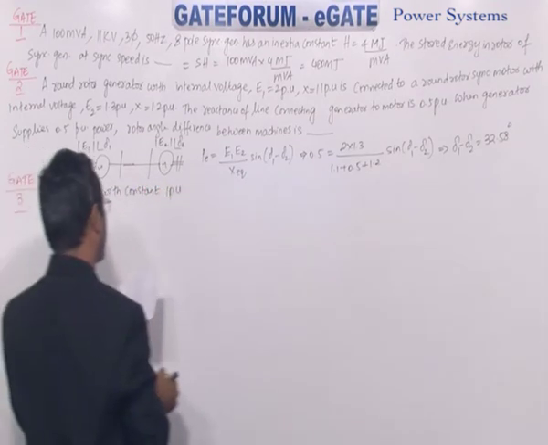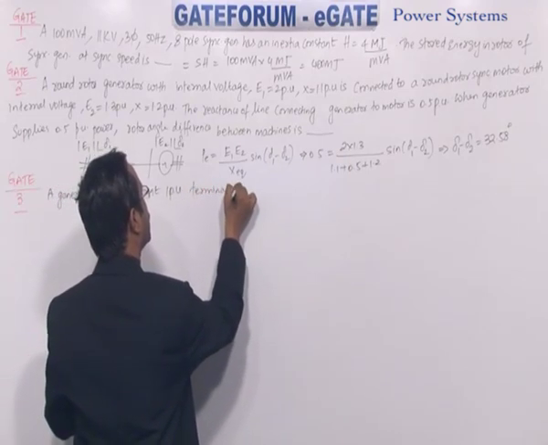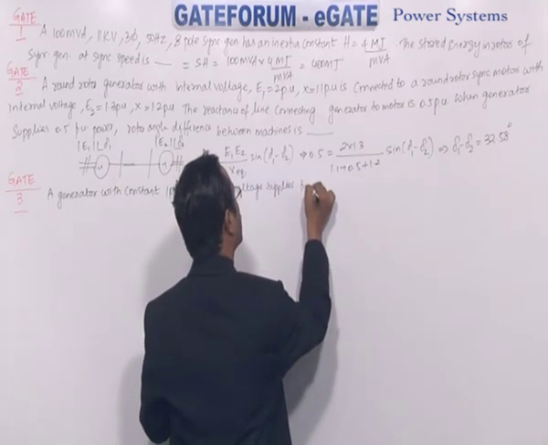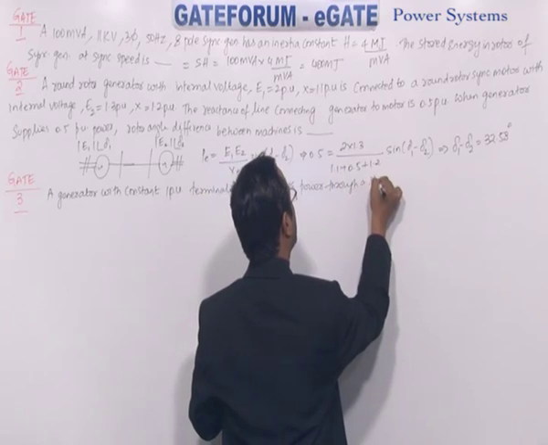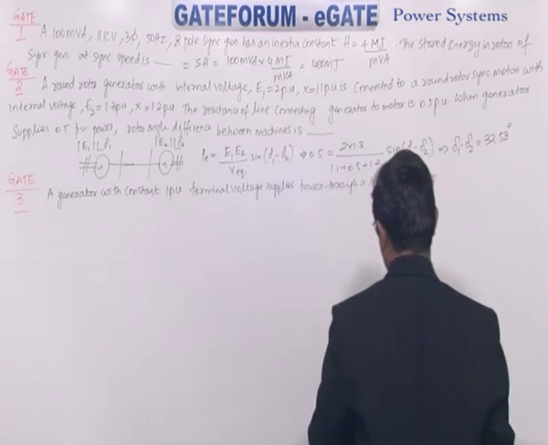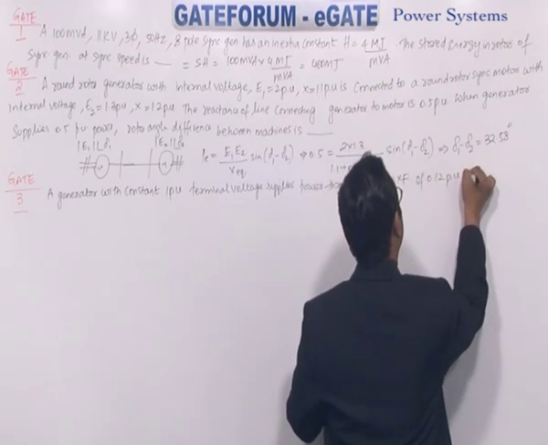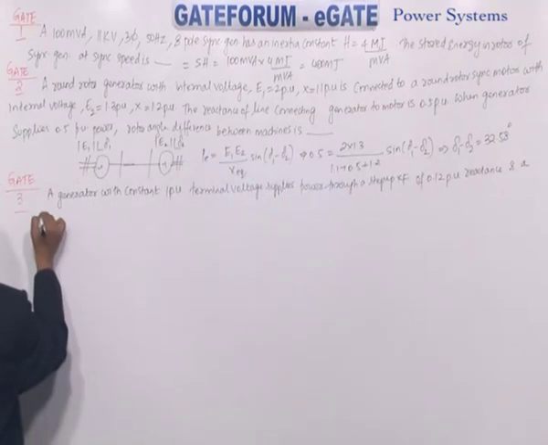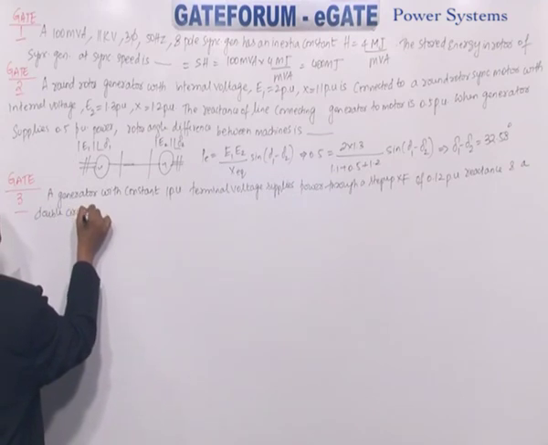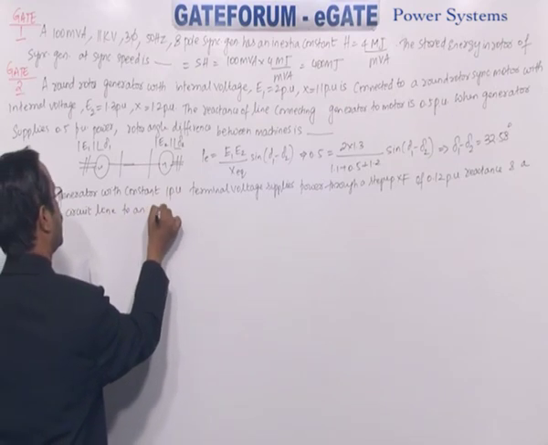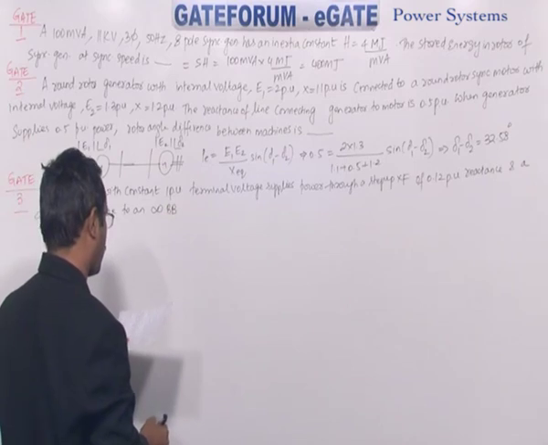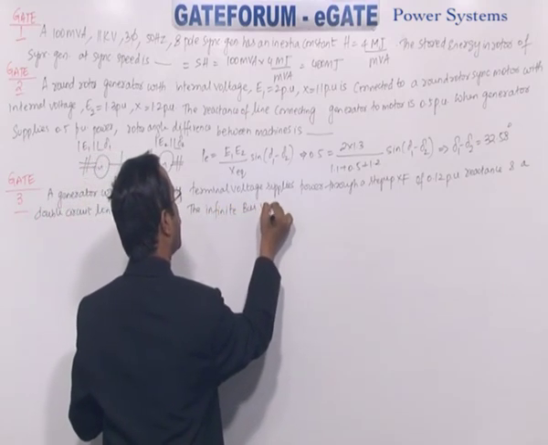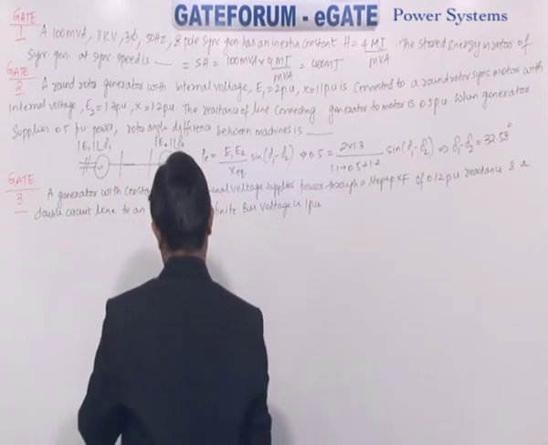A generator with constant 1 per unit terminal voltage supplies power through a step-up transformer of 0.12 per unit and a double circuit line to an infinite bus bar. The infinite bus voltage is 1 per unit.